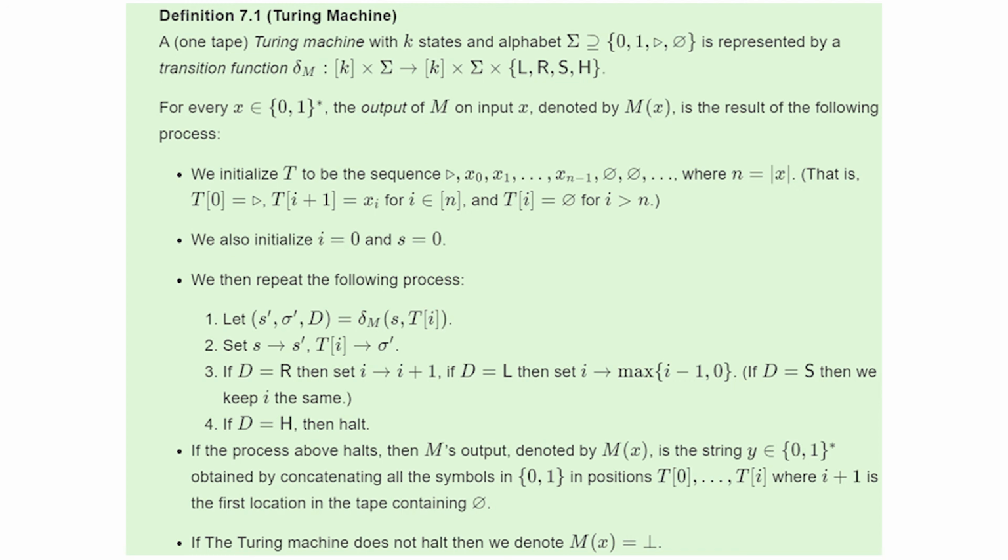So basically we're going to start from index 0 of the tape and go up to I, where we're going to define I plus 1 to be the first blank. Every character before the first blank, that string we get from that chunk of the tape, is going to be the output of this machine. There is also this possibility that our machine is not going to halt, in which case we say that the output of the machine is bot or error or something like that.